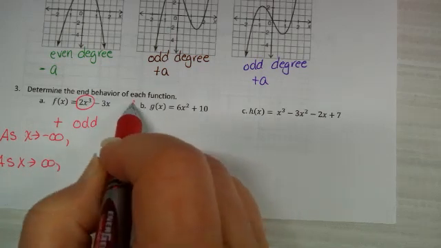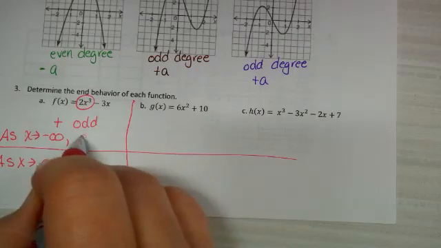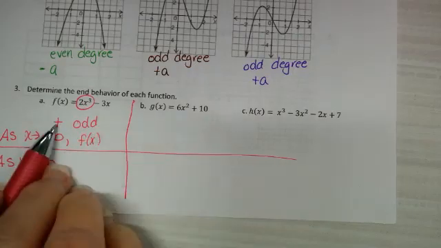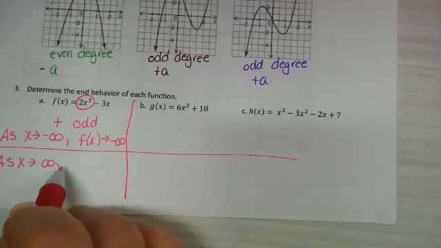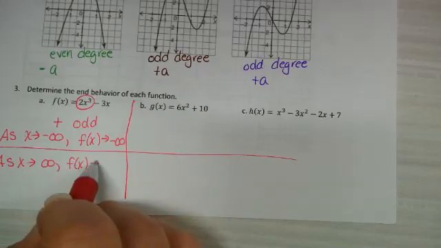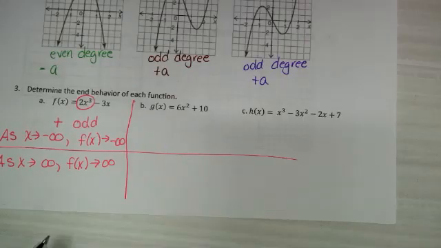So for letter A, as x approaches negative infinity, f of x, because it's positive and it's odd, is approaching negative infinity. Positive odd, as x approaches infinity, f of x approaches infinity.